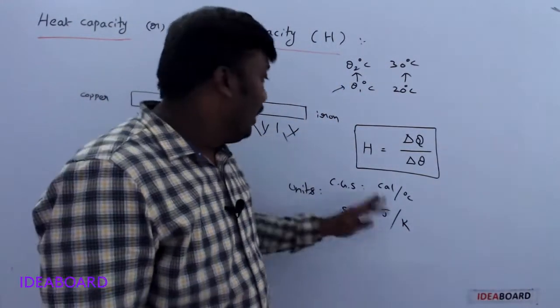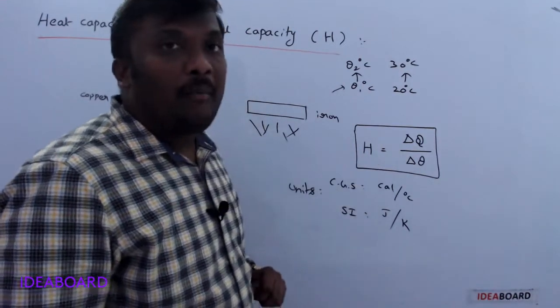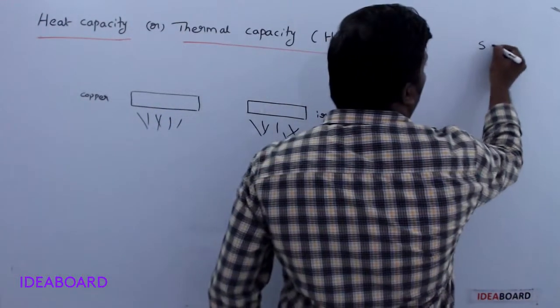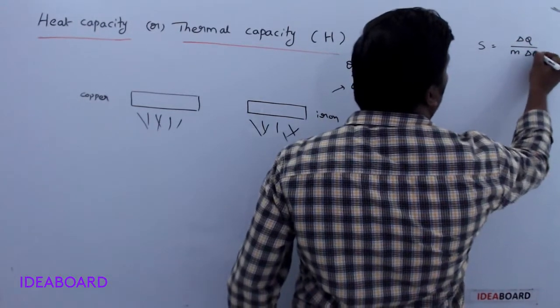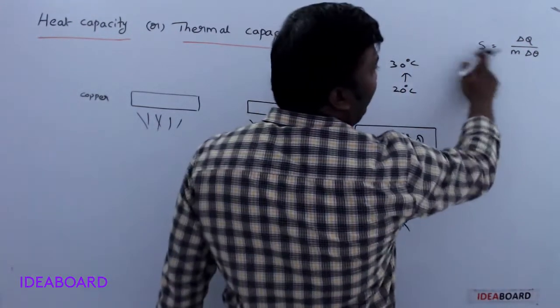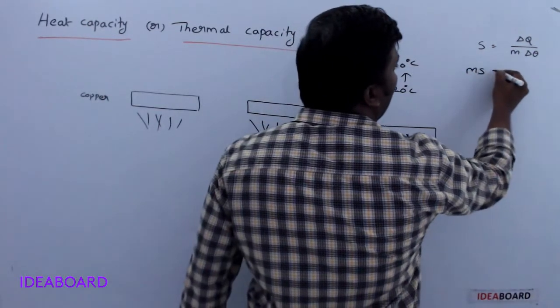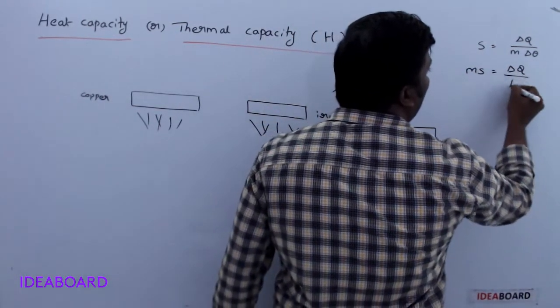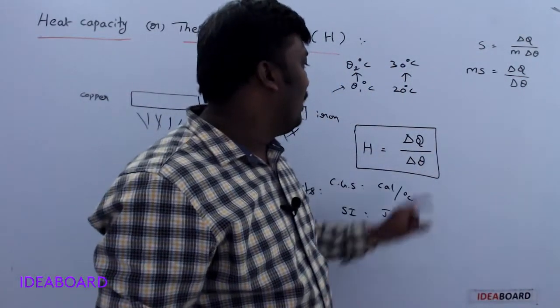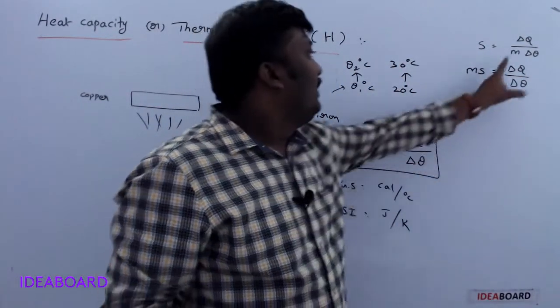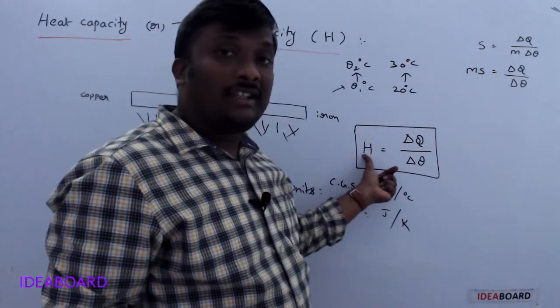Understand now? Now, we got one formula for specific heat. Specific heat formula is delta Q by m delta theta. Na? From this, m will be taken this side. m into s is equal to delta Q by delta theta, or not? So here delta Q by delta theta is got. So instead of delta Q by delta theta, you can write H, or not.